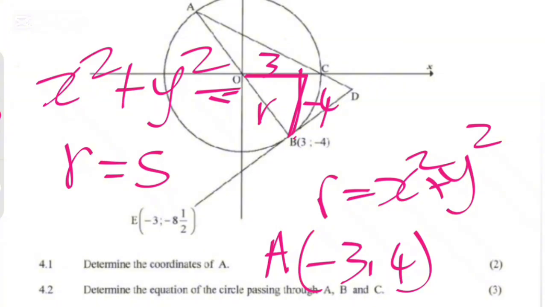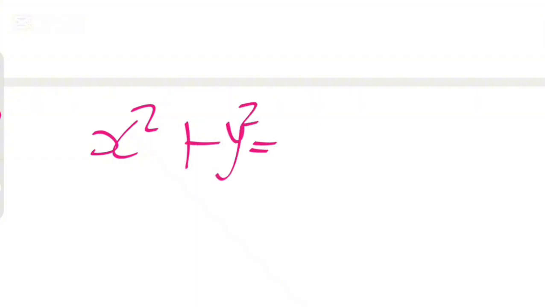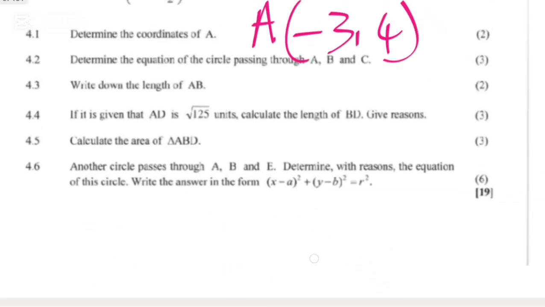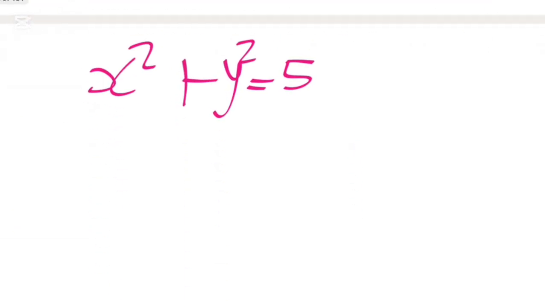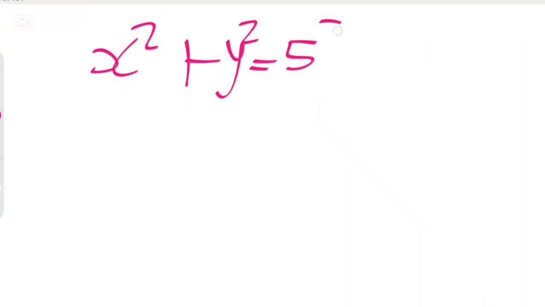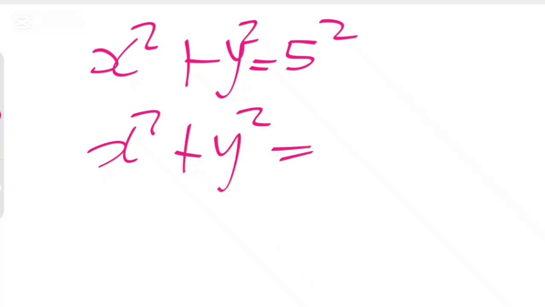But you're not looking for r, you're looking for the equation of the circle. Is it 5 squared? It's 5 squared, and 5 squared is 25. So x squared plus y squared equals 25.